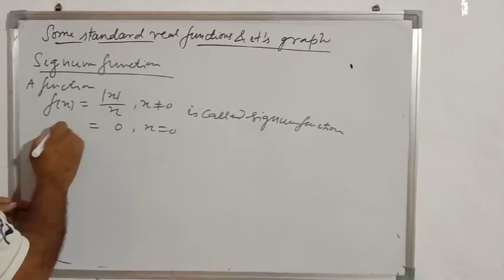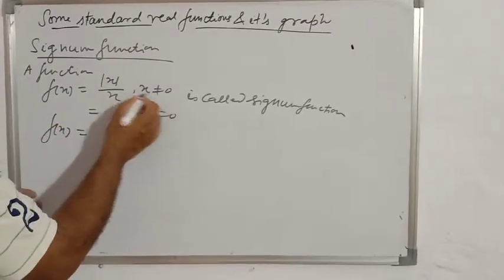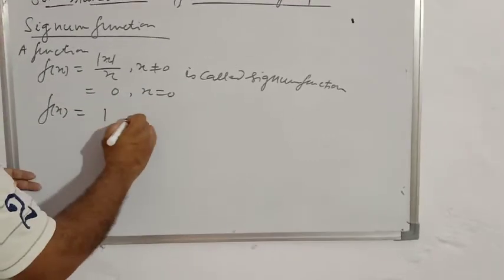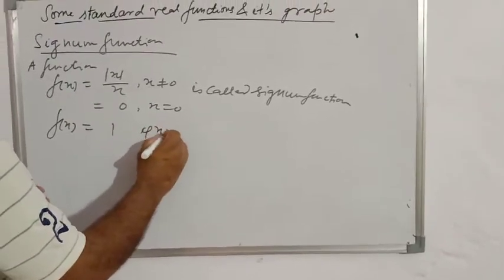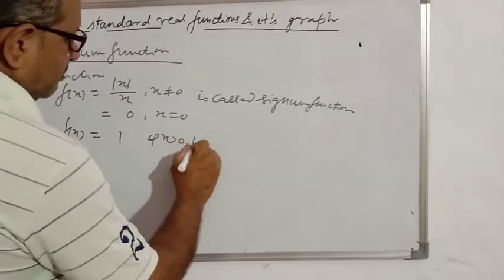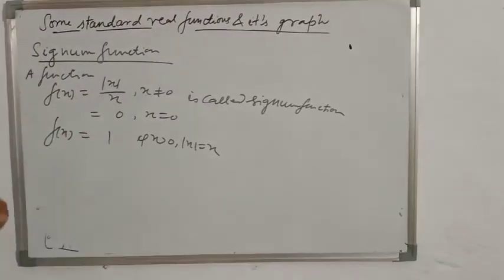So we can simplify this function. f(x) will be what? If x is greater than 0, then mod of x is equal to x, so x upon x will be 1.